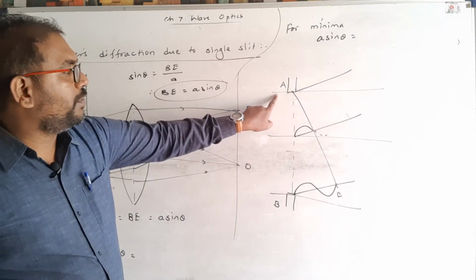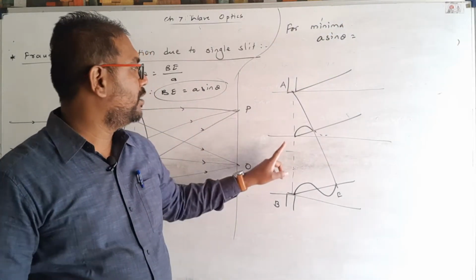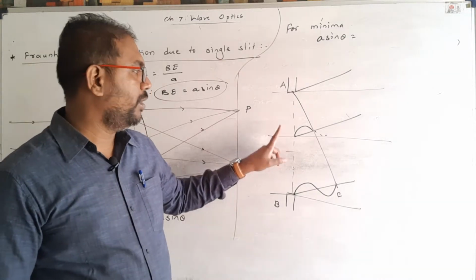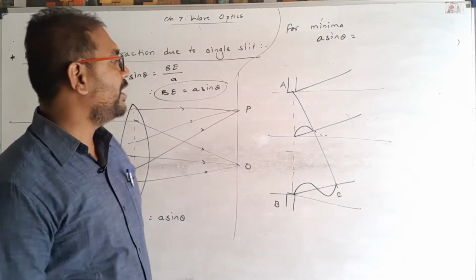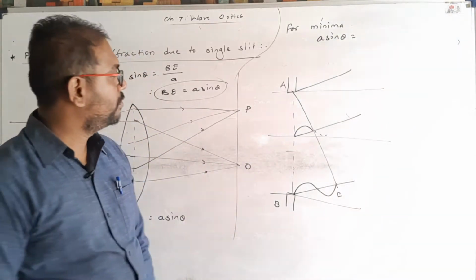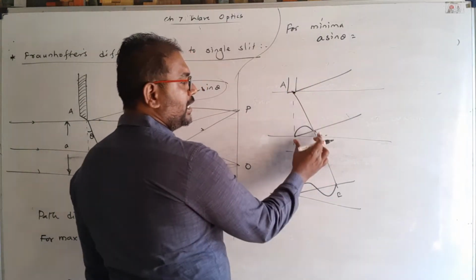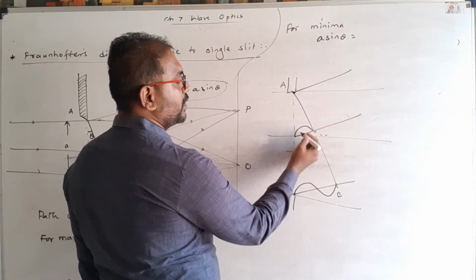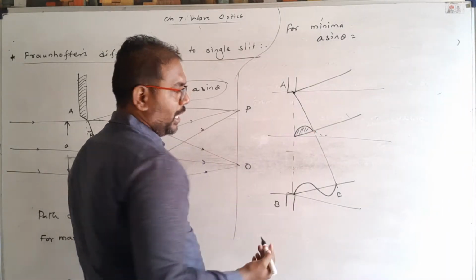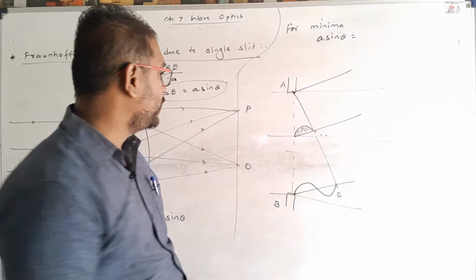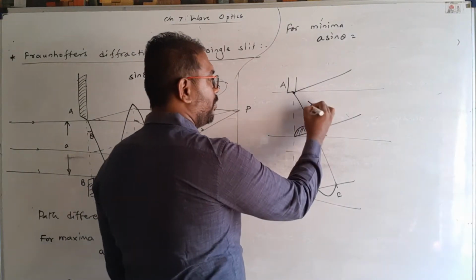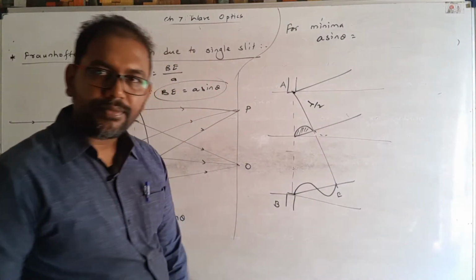Now, the light wave reaching from A to the point P and this light wave reaching to the point P have a path difference. Now, you can see here. So this is the path difference, and that much distance stands for one crest only, and the distance of one crest is lambda by 2. So here between these two, path difference is lambda by 2.